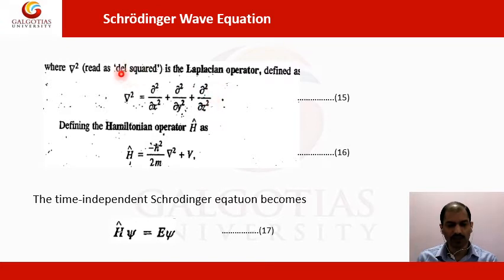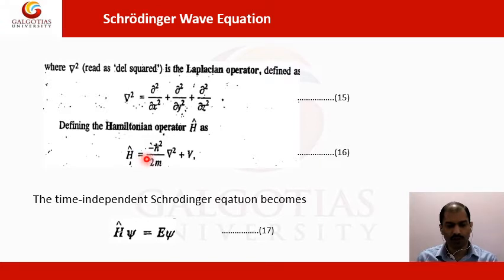This del square is known as the Laplacian operator, and it is defined in a simple way by this equation. Defining the Hamiltonian operator, it can be represented as H cap. The cap represents an operator quantity.